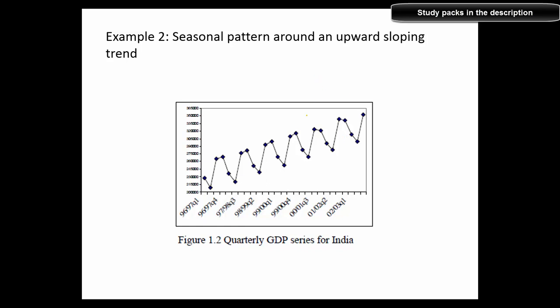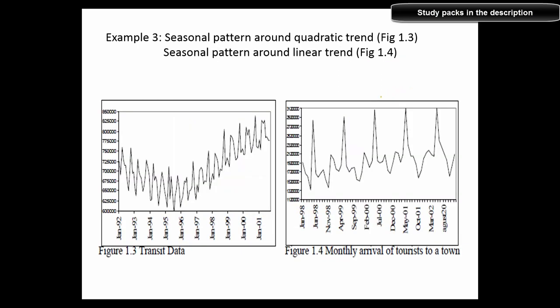This is a typical example of upward sloping data, where the slope is upward, upward trending, increasing over time. Sometimes you will have upward trending and then downward sloping, so it could be a mix of both. This is a typical case where initially there was a downward slope and then there is an upward slope.